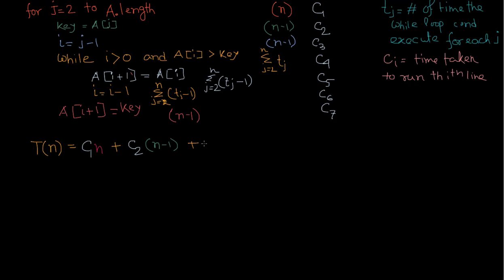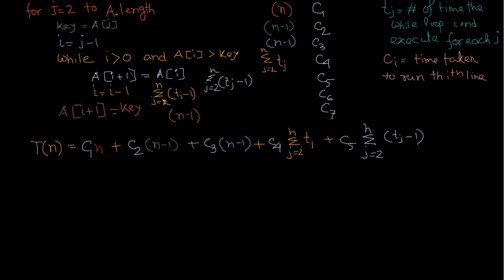Then plus c4 into this big term over here, that means the summation from j equals 2 to n of tj. Plus c5 into this term, that means the summation from j equals 2 to n of tj minus 1.